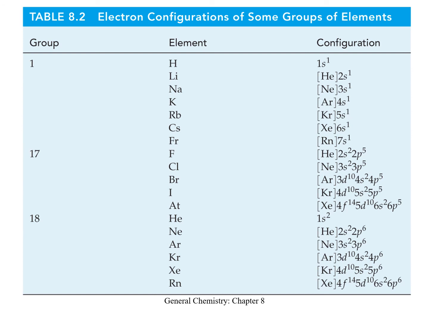Here's group 1, group 17, group 18. Here's how they represent the electron configurations. Notice they're always going back to the preceding noble gas. For fluorine, for instance, it would be 2s2, 2p5, saying that for fluorine in the second quantum shell, its valence electrons would be the 2 s orbital electrons and 5 2p electrons.